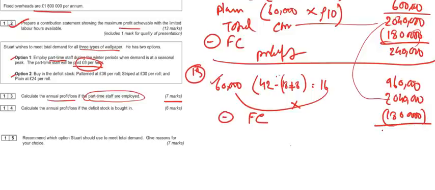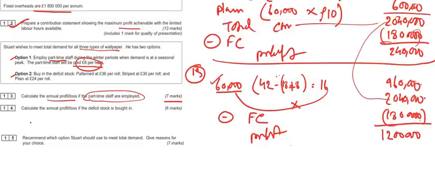If you deduct, your profit is much better. I think 1.2 million. That's true. Good. That's your profit if you choose the part-time employees and produce those 60,000 units.